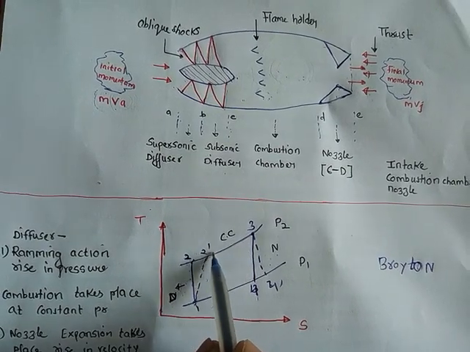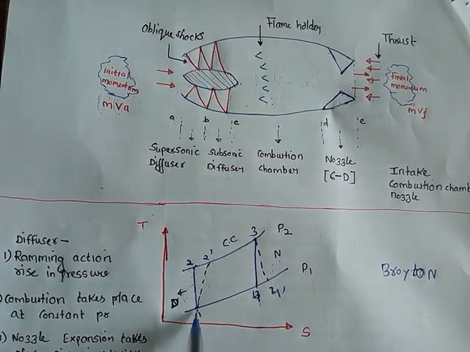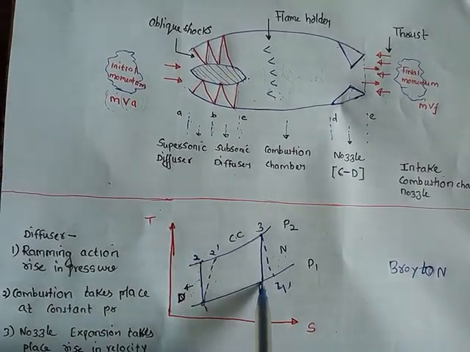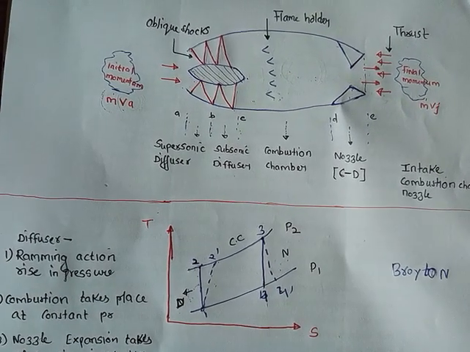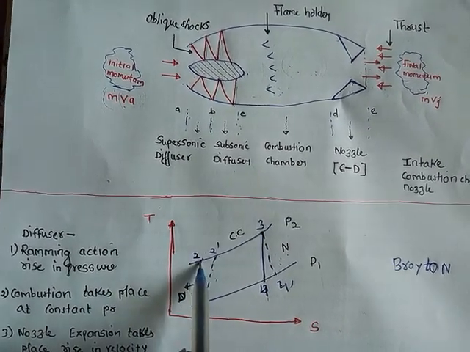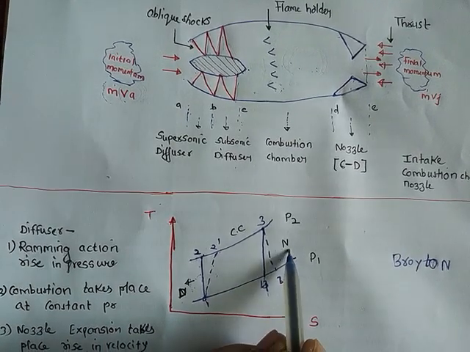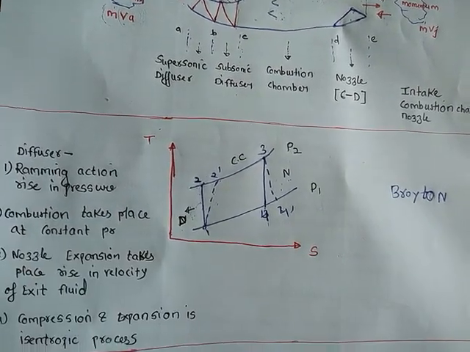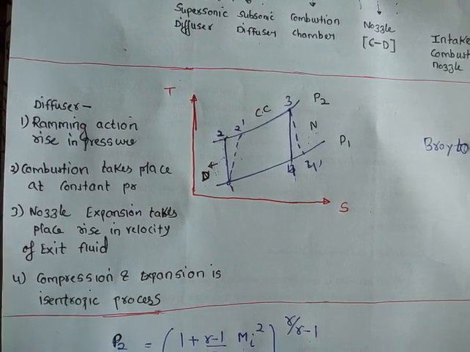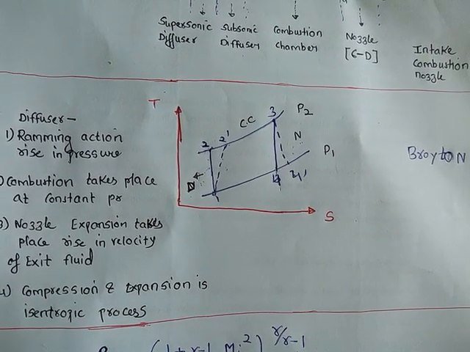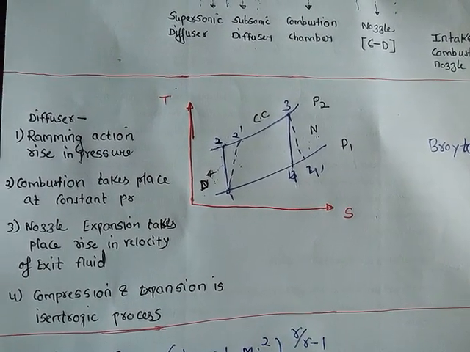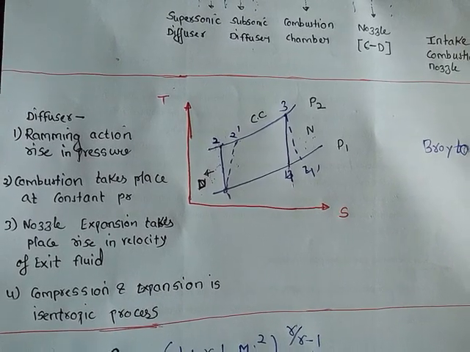The combustion takes place at constant pressure, and the compression and expansion processes are both isentropic. Compression takes place in the diffuser, expansion takes place in the nozzle. Both are isentropic compression and expansion processes. So this is the short summary of the thermodynamic cycle of a ramjet which works on the Brayton cycle.